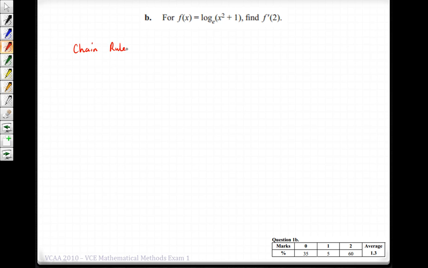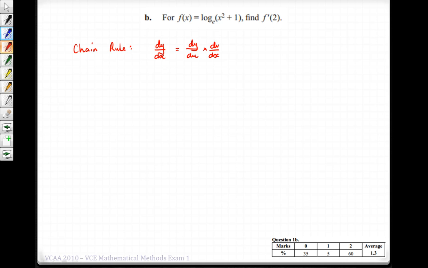Our chain rule from our formula sheet is expressed as dy dx is equal to dy du by du dx. So what's this u business, and for that matter, what's the y business?